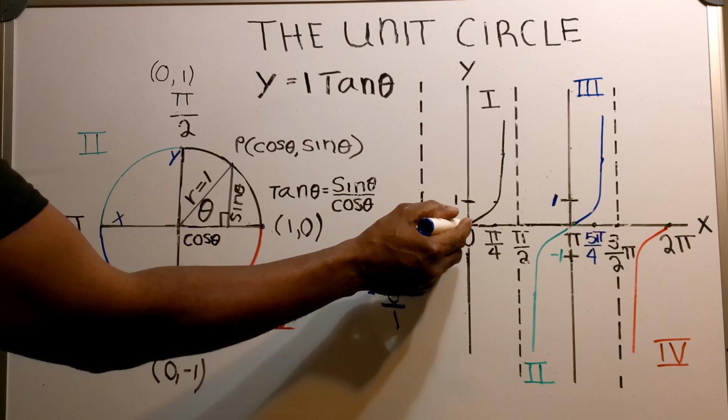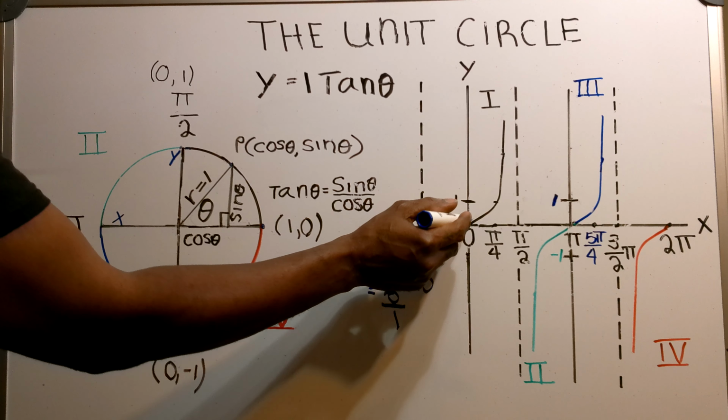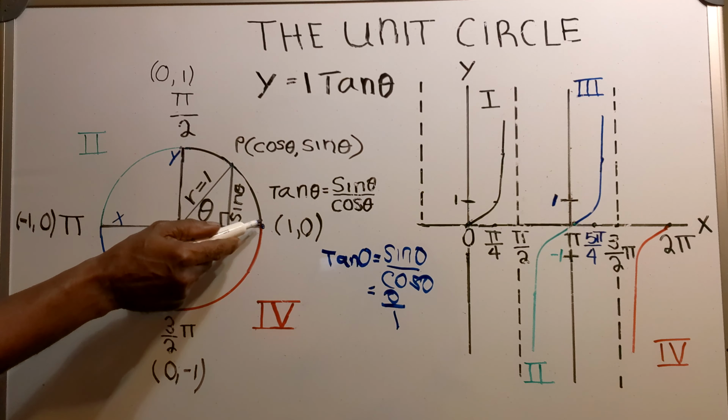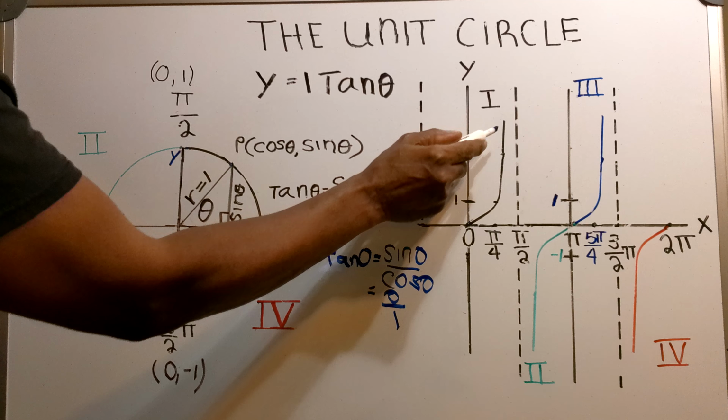And that's where that comes from. This is why this point right here is 0. Now, as the point moves up and moves toward 1/2 pi, the graph takes on this shape.